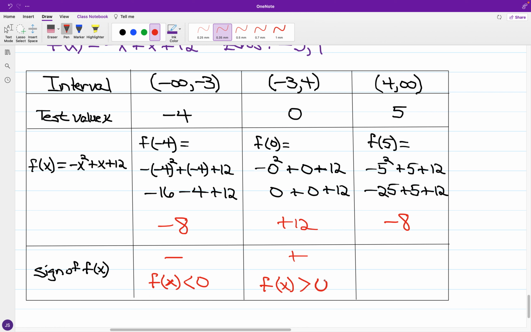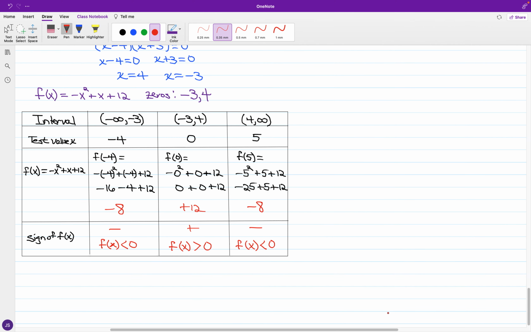So we have f of x is greater than 0, and anything greater than 4 is going to lead to a negative output. So we're going to have that f of x is less than 0.